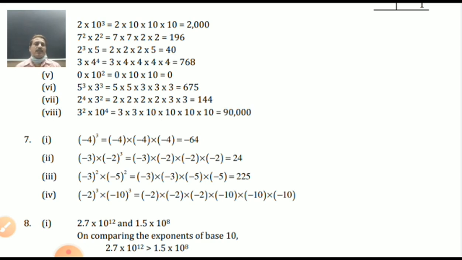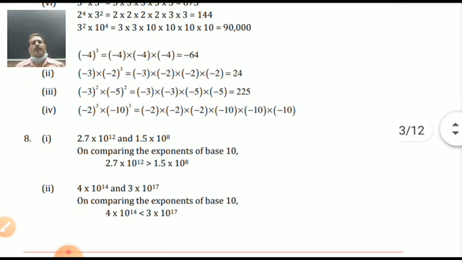Clear? So the answer is minus 64. Next, minus 3 into minus 2 raised to 3. Minus 2 raised to 3 is an odd number. The answer is minus 8. But minus 8 into minus 3 will give me plus 24. Whenever there is an even number of minuses, it gives me a positive number. Correct? Very good, very good.